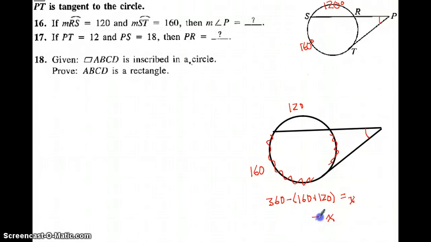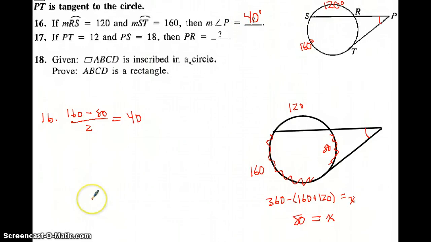You could do that with a calculator if you need to, but then this would be 80. So then for 16, what I need to be finding is 160 minus 80 divided by 2. And that's 80 divided by 2, which is 40. Okay? Not bad. Not quite as easy as that last one, but only one little step more.